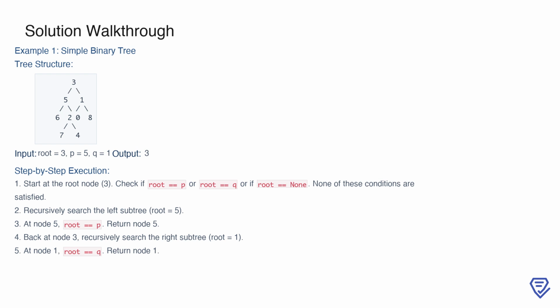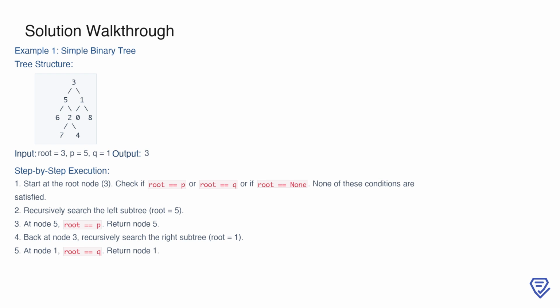The task is to find the lowest common ancestor of nodes 5 and 1. We start at the root node, which is 3, and check if it matches either of the target nodes, 5 or 1, or if it's null. Since none of these conditions are met, we proceed to search the left subtree, where the root is 5. At node 5, we find that it matches one of our target nodes, so we return node 5.